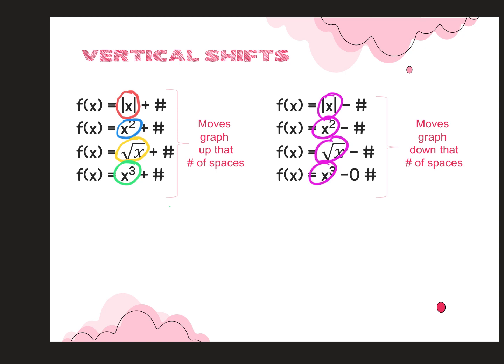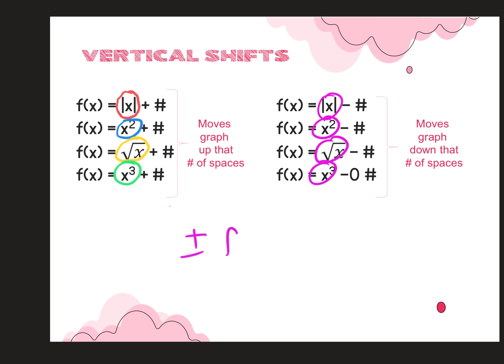Okay. What I want you to notice, to move a graph up and down, where does your shift occur in regards to the function itself? Outside of it. And what are you doing? Are you adding and subtracting? Are you multiplying? Are you dividing? If you add or subtract a number to the function, now it could be out in front, it could be 3 plus whatever, that is your vertical shift.